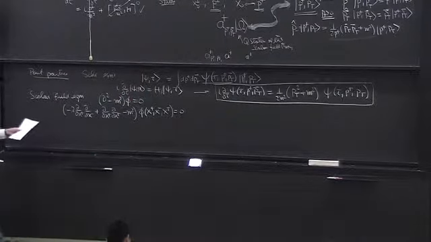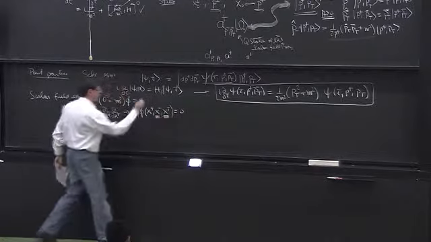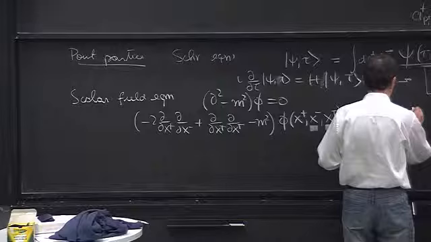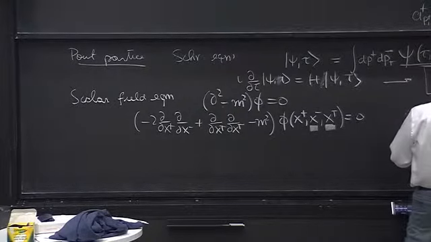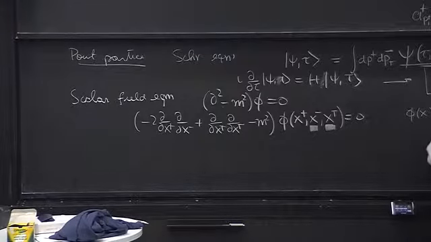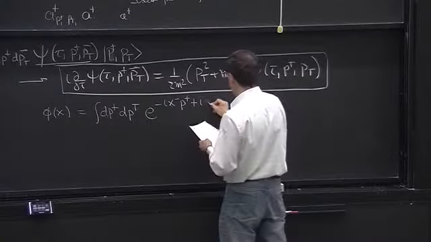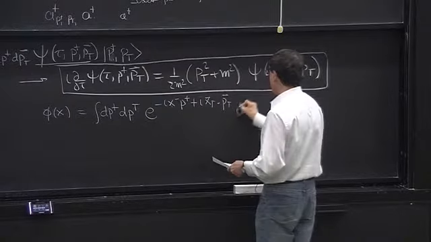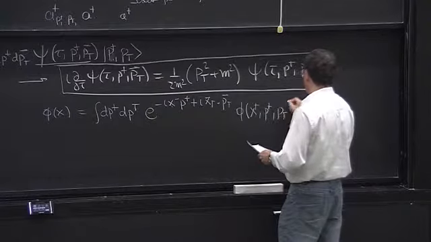Now I want to Fourier transform in x minus and x transverse. So we'll write phi of x equals dp plus dp transverse, e to the minus i x minus p plus, you're Fourier transforming in x minus, plus i x transverse p transverse, phi of x plus, p plus, p transverse.